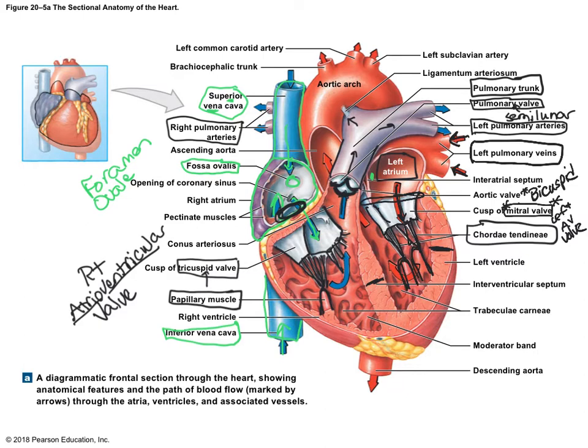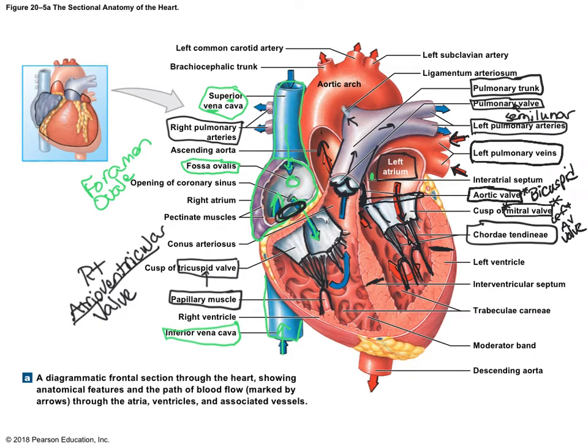So from the left ventricle, blood will be moving into the aorta. In order to move into the aorta, it has to pass through another semilunar valve, and we can see part of the semilunar valve right there. Since it's passing into the aorta, we're going to call it the aortic valve or aortic semilunar valve.